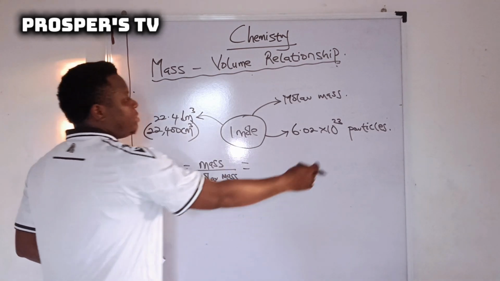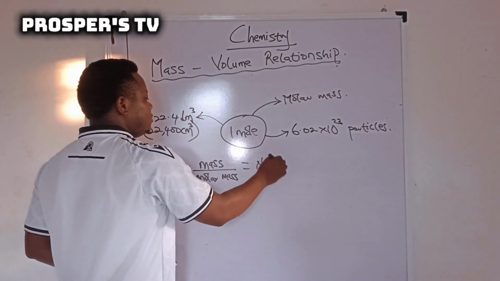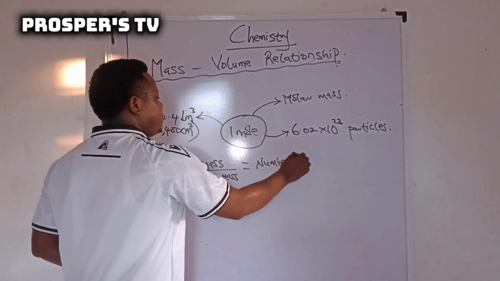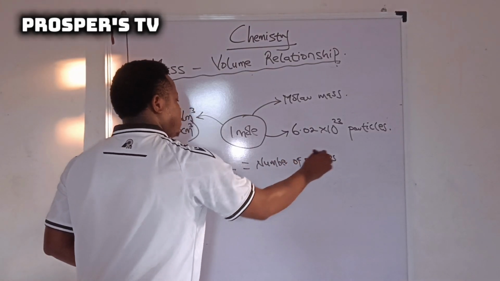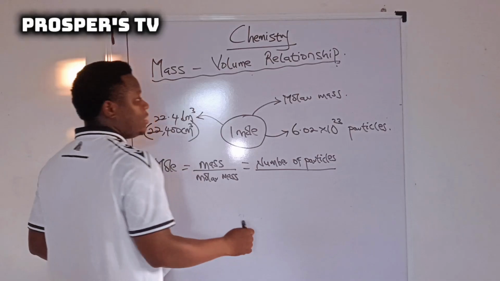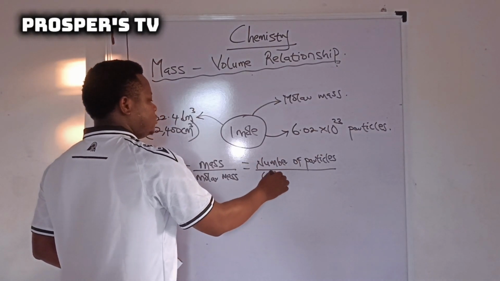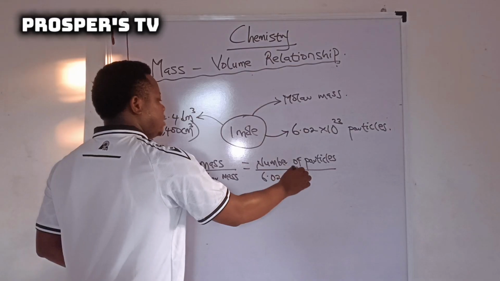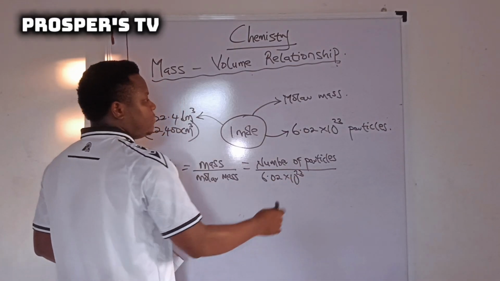Also, this is particles, right? So I can say number of particles divided by your Avogadro's number, 6.02 times 10 raised to the power 23. That's your Avogadro's number, okay?